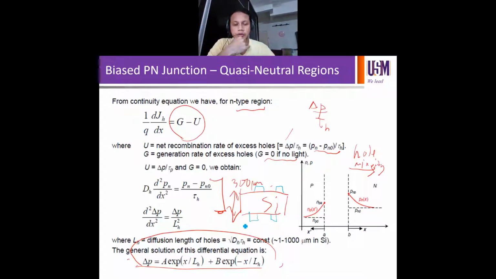You're going to learn this later, but assuming this is a metal contact for them to go out of the device, you want them to get to the contact, right? So we want them to travel as long as possible. In this case, we want the diffusion length of the carriers, on both the P side and N side, to be more than 300 micron. Otherwise, they won't reach it.